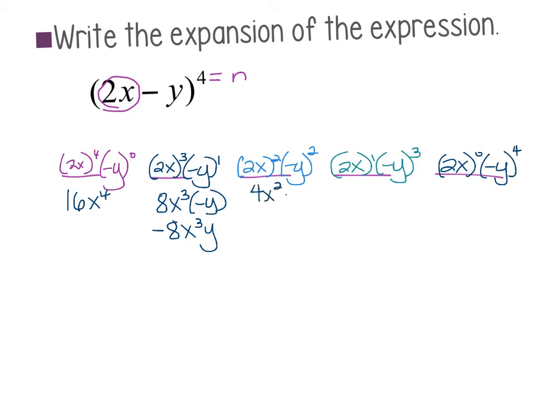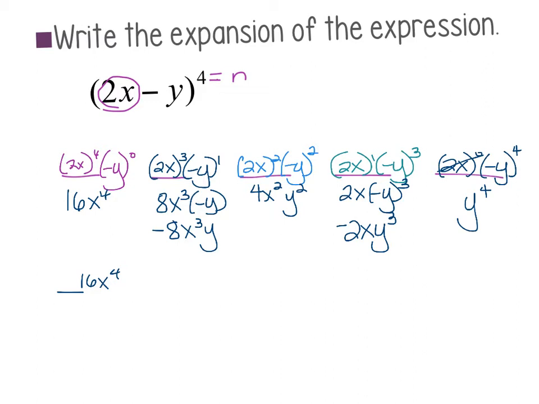Negative y squared is y squared. 2x to the 1st is 2x. Negative y to the 3rd. So this is negative 2xy to the 3rd. And 2x to the 0 is 1. Negative y to the 4th is y to the 4th. So I'm going to leave a space for the coefficient, but I can already fill in part of this.